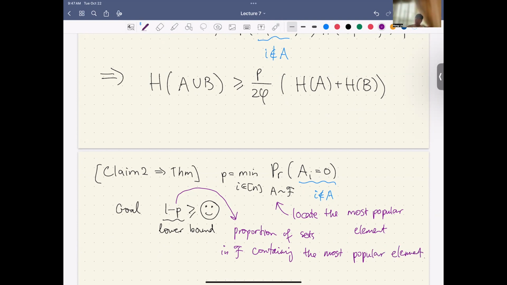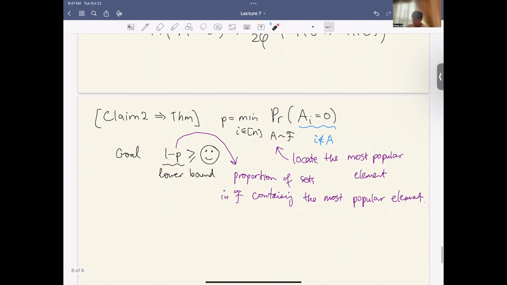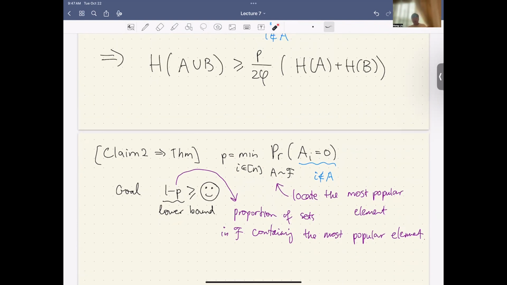This is those not containing i; 1 minus p is those containing i. 1 minus p becomes maximum. Okay, so our goal is to lower bound 1 minus p.